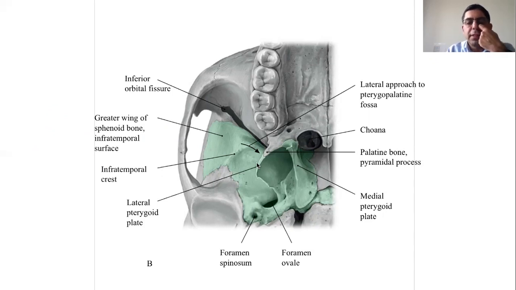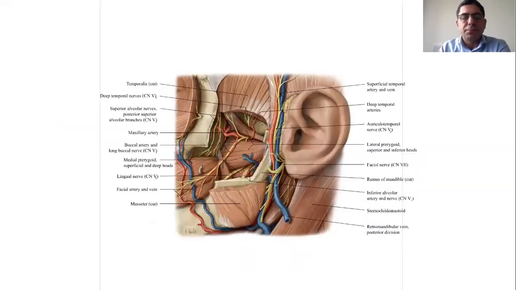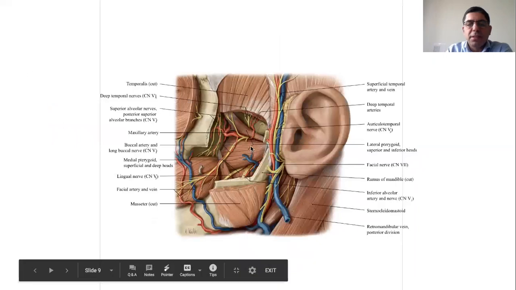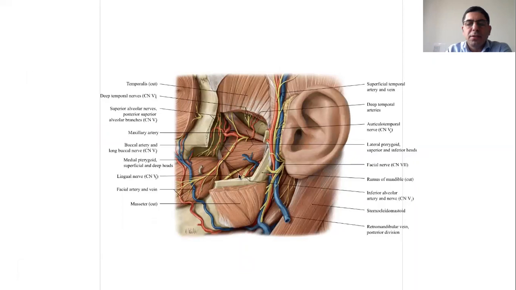And we've got the tendons which come from the temporalis into this area. Before they insert onto the ramus of the mandible, they go through the infratemporal fossa. That's the lateral pterygoid. The medial pterygoid is about here, opposite the masseter.